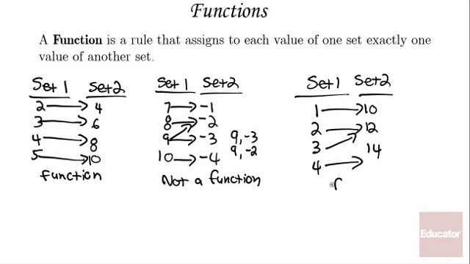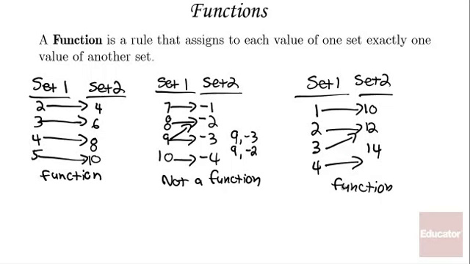This is a function. 2 and 3 share a value from set 2. But what I'm looking at is, is each member of the first set assigned to only one member of the second set? And yes, 1 is only assigned to 10, 2 is only assigned to 12, 3 is only assigned to 12, and 4 is only assigned to 14. Therefore, this is also a function.